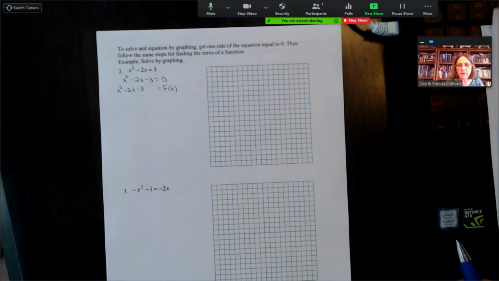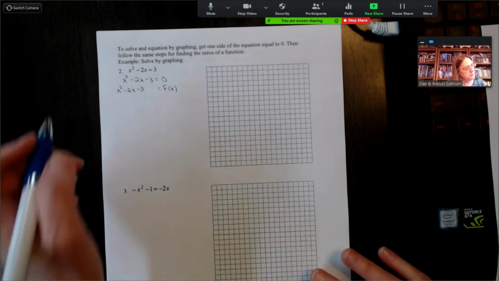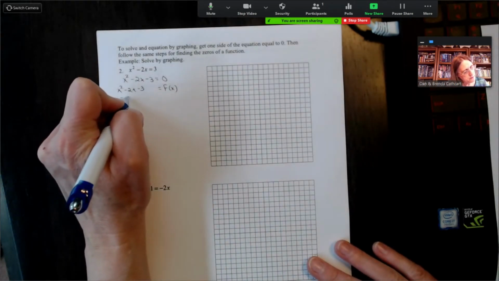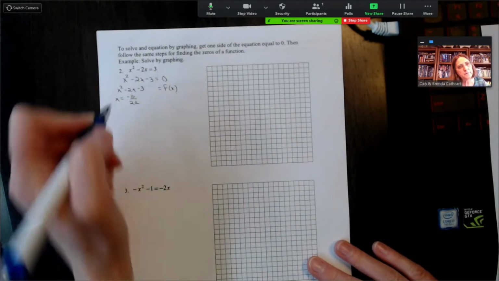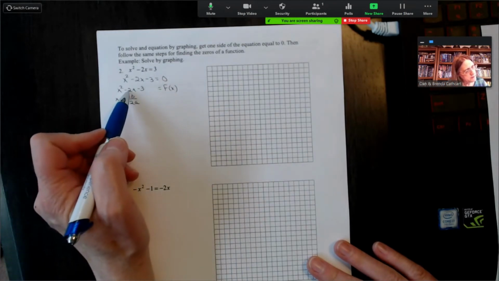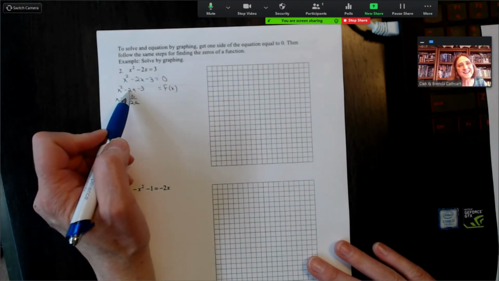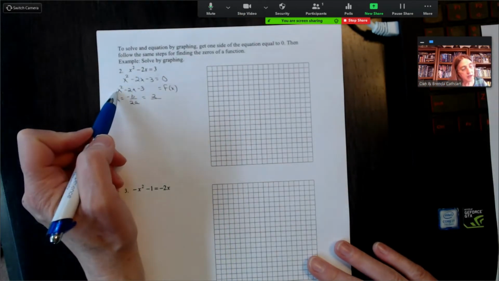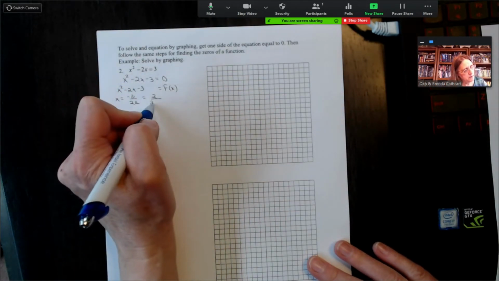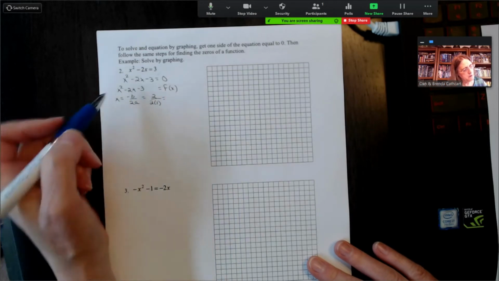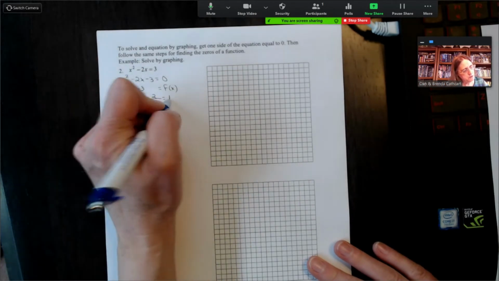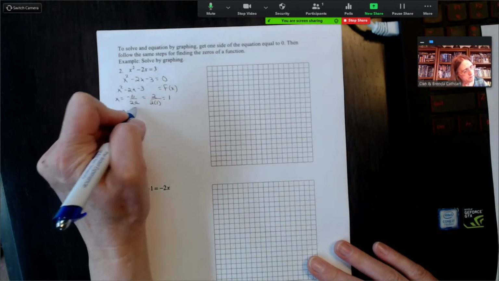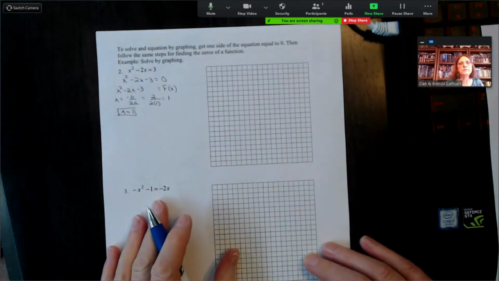So in order to graph that, we have to find the line of symmetry, which is x equals negative b over 2a. So our b is negative 2, so the negative of negative 2 becomes positive 2. And our a is 1, so we divide by 2 times 1, or 2 divided by 2, which is 1. So our line of symmetry is x equals 1.